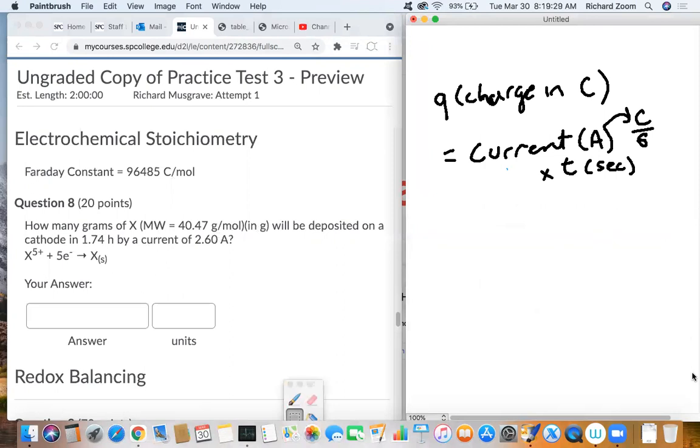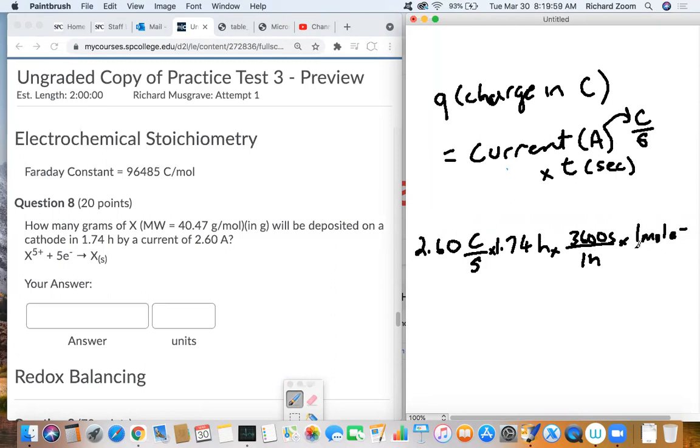As you can see, it's going to follow that same kind of pattern. It's all about dimensional analysis though, just seeing what cancels where. So if we start off with 2.60 coulombs per second, multiplied by 1.74 hours, which gets converted into seconds, and we're left with coulombs. And we know the relationship is 1 mole of electrons over 96485 coulombs.